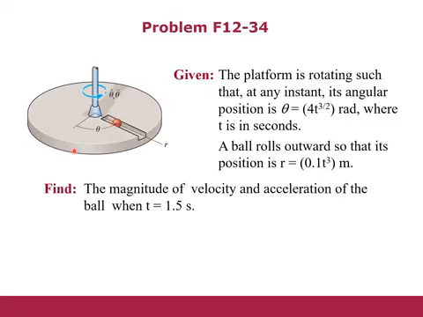As far as problems related to cylindrical coordinates are concerned, we will first try to find out r, r dot and r double dot. Similarly, we will find theta, theta dot, theta double dot, and finally z, z dot, z double dot. This is the procedure.